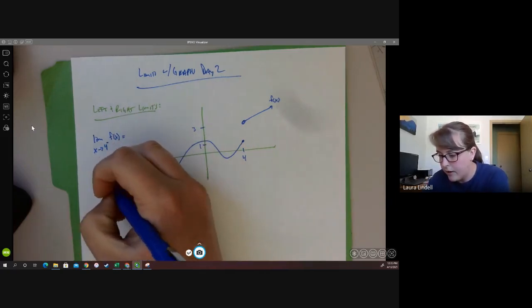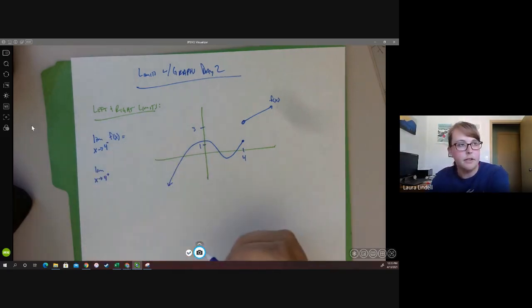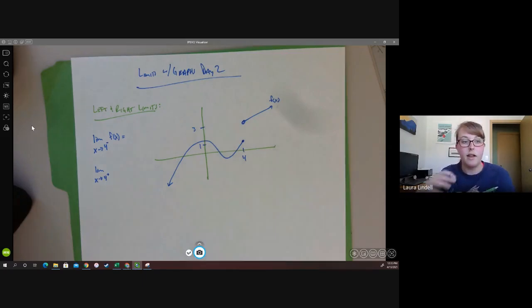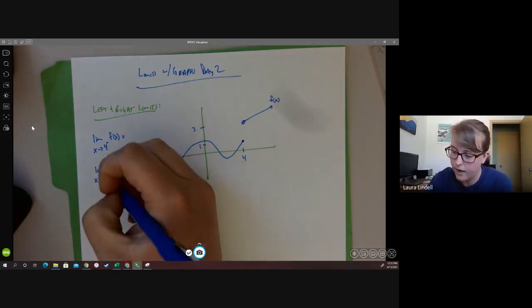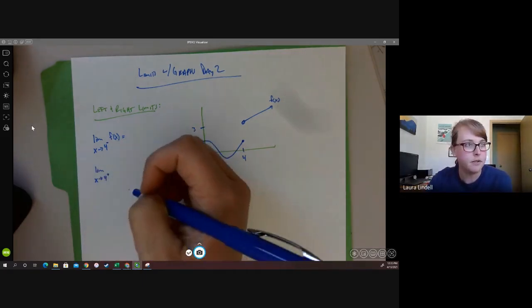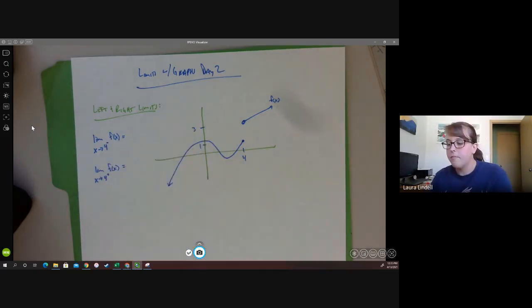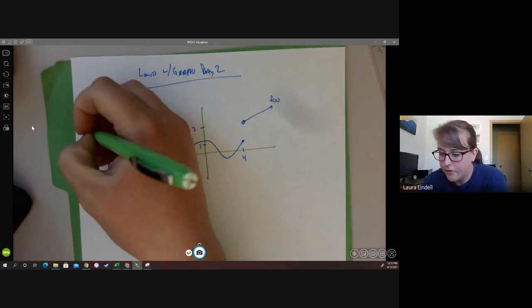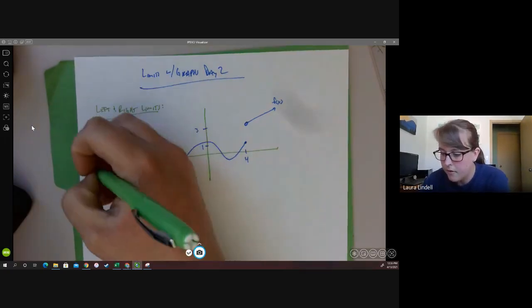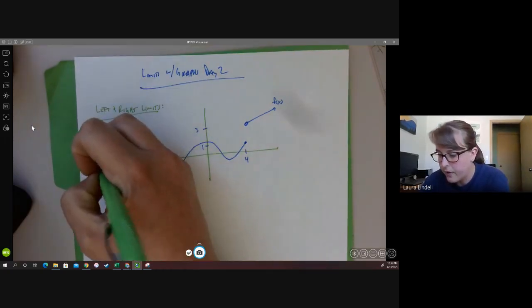And then if we were looking as x goes to 4 from the right, we'd see a little plus instead in the exponent, or as though it were an exponent. That's kind of how the notation works. It's a superscript. So this would be a left limit. This would be a right limit.